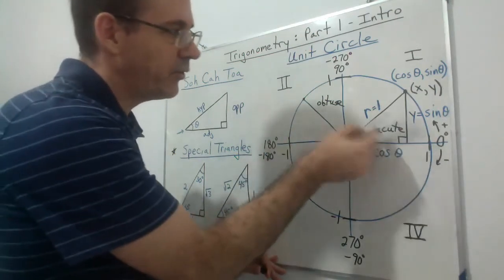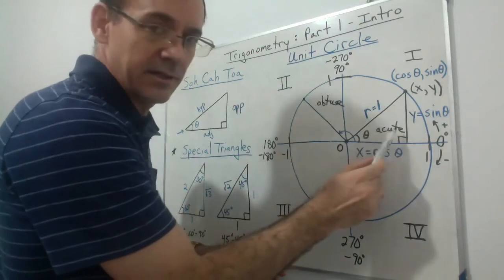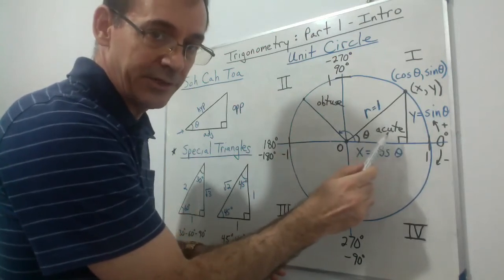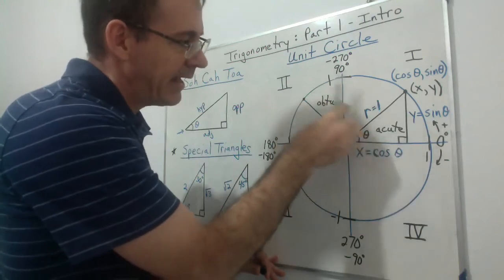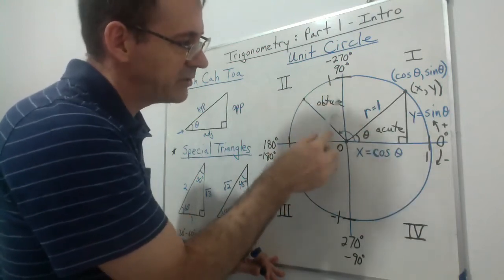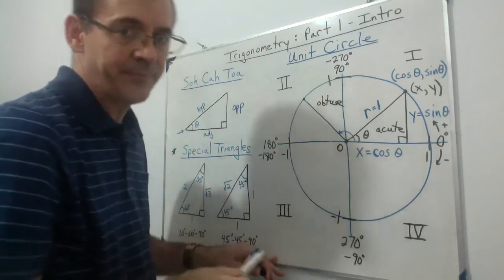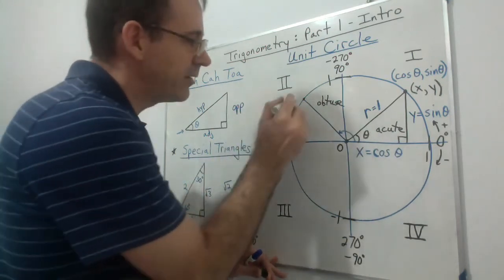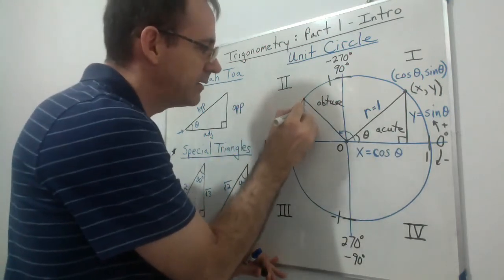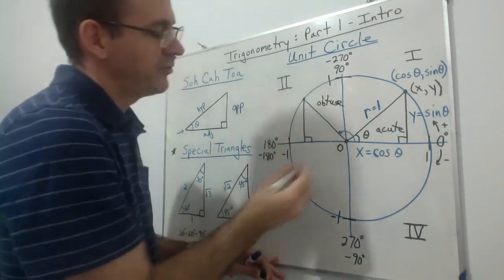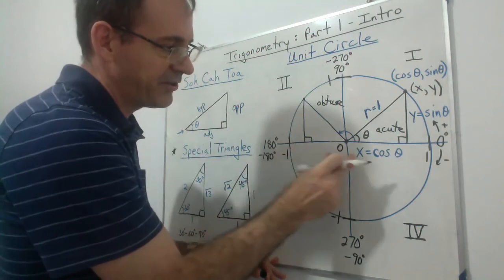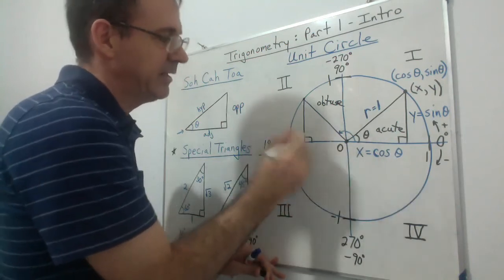So from 0 to 90, the angle is referred to as acute. From 90 to 180, that angle would be obtuse. In other words, it's greater than 90. However, your triangle is still drawn to the nearest x-axis. So the adjacent side is still your x-axis.